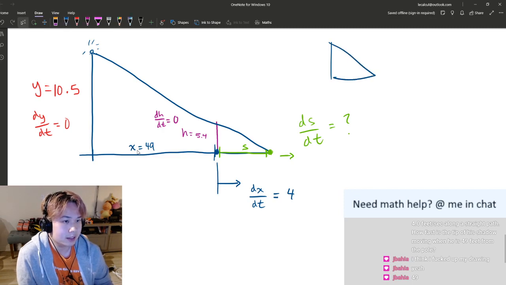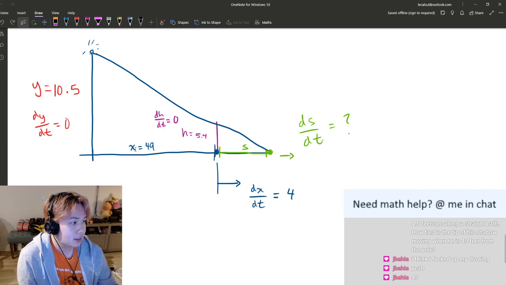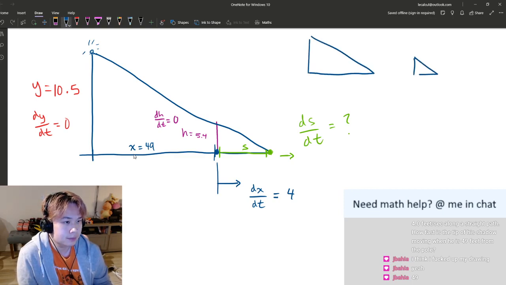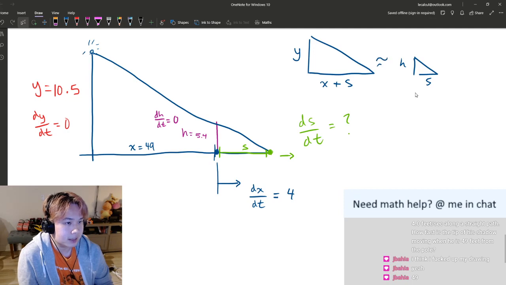The big triangle is similar to the little triangle. So what that means is that, actually, let me just draw it out here. So this is y, and then this is the height of the person, this is the length of the shadow, and then this is x plus the length of the shadow. We know that they're similar because they share the same angles at all times.